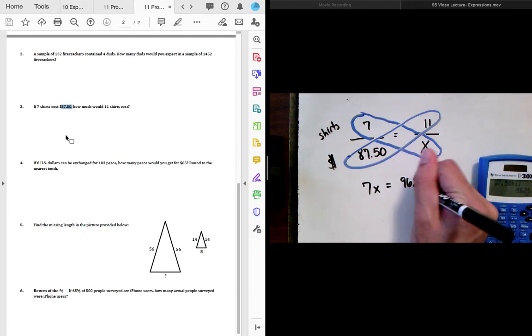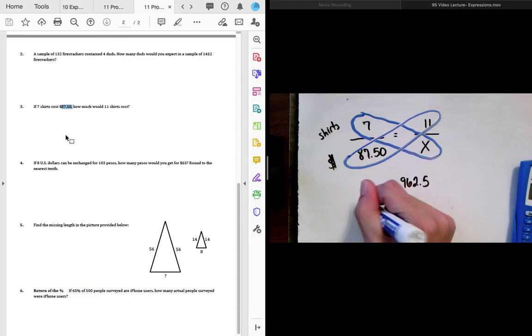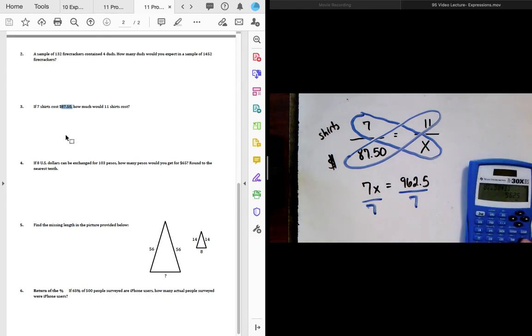And then remember, my goal is to get x by itself. And so my last step here, I'm going to divide both sides by 7. Here I'll take my answer, I'll divide it by 7, and I get 137.5.